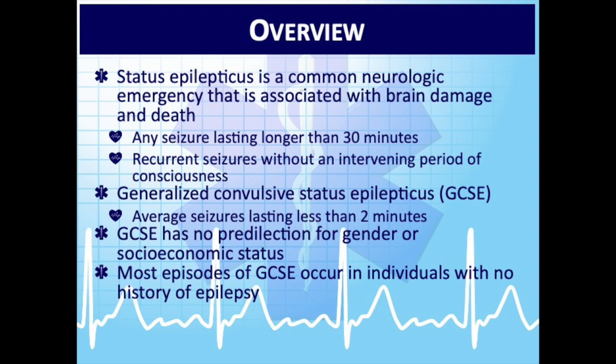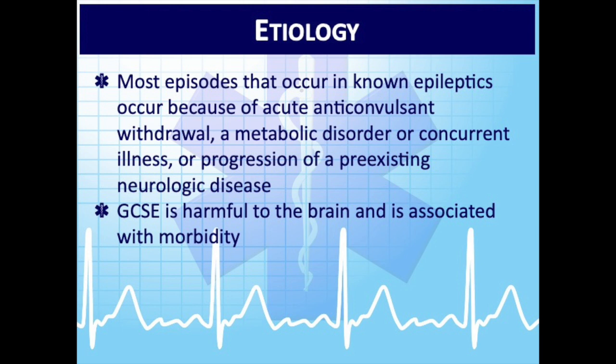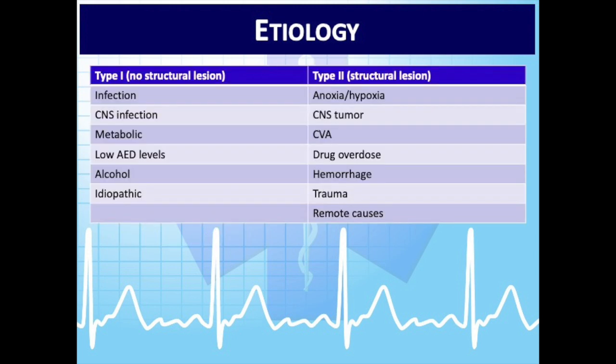I'm going to abbreviate a lot, so you'll see GCSE repeated throughout this lecture. Most episodes actually occur in patients who have no history of epilepsy. So this is something new for them. Sometimes you'll see it in patients who are going through withdrawal, some sort of metabolic disorder, current illness, etc.